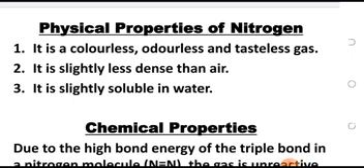So any gas whose relative molecular mass is less than 32 is most likely to be less dense than air, and any gas whose relative molecular mass is greater than 32 is most likely to be denser than air.